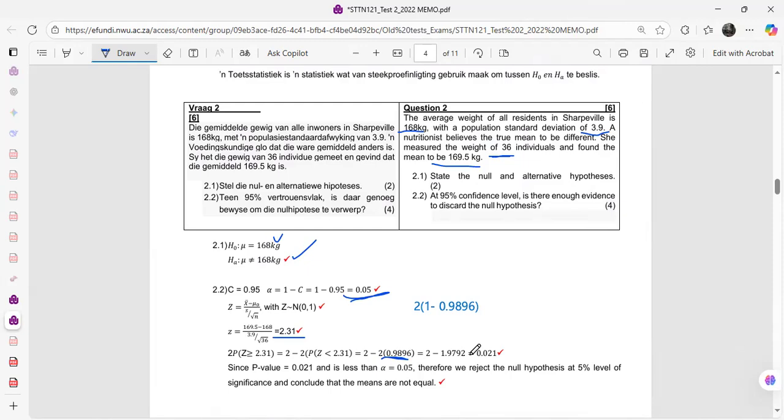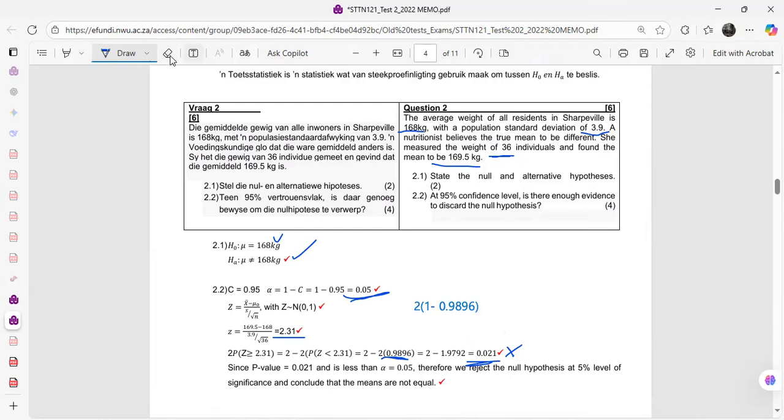So here it was supposed to be 0.0208. If you punch this on the calculator, 2 minus 1.9792, you will get 0.0208. So they made a mistake here. It was supposed to be 0.0208.